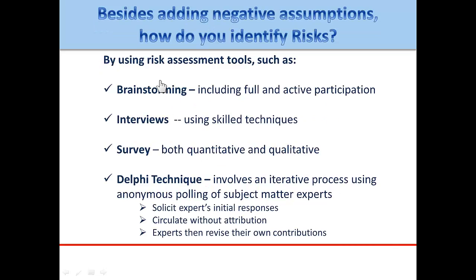I'm sure some of you have already thought about the question on this slide. Besides adding negative assumptions, how do you identify risk? Risk identification can involve the use of numerous assessment tools.